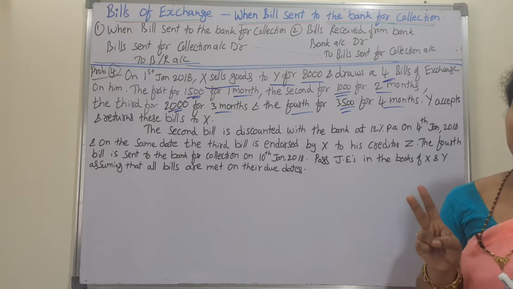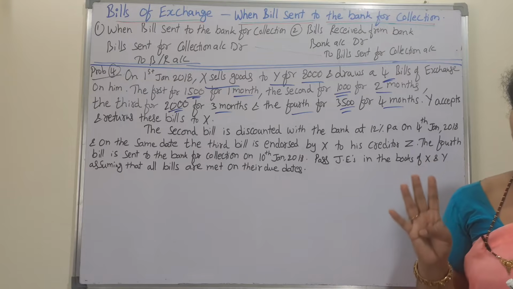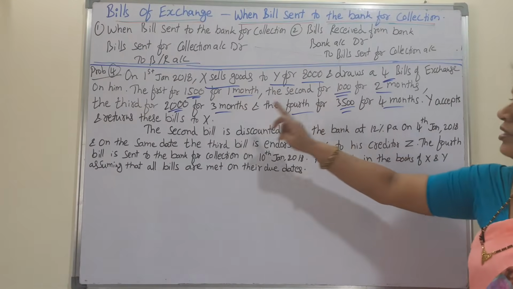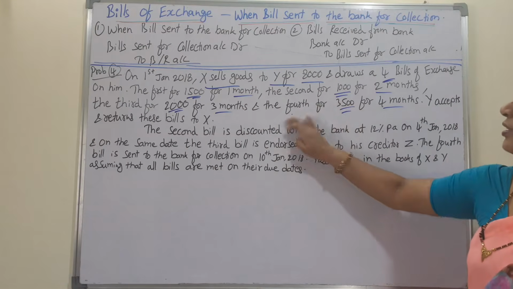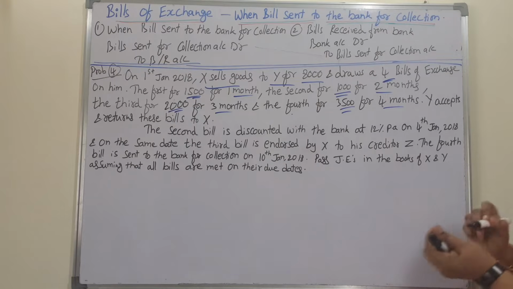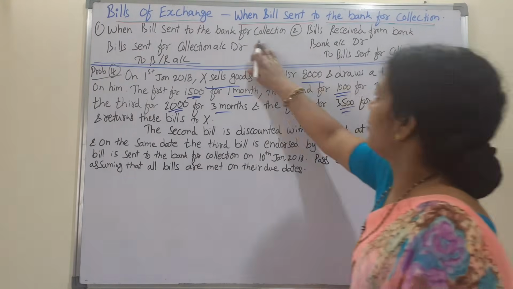First bill 1 month, second 2 months, third 3 months, fourth 4 months, with amounts 1500, 1000, 2000 and 3500. Remember this, or you can write it down somewhere, it will be easy for us to calculate.